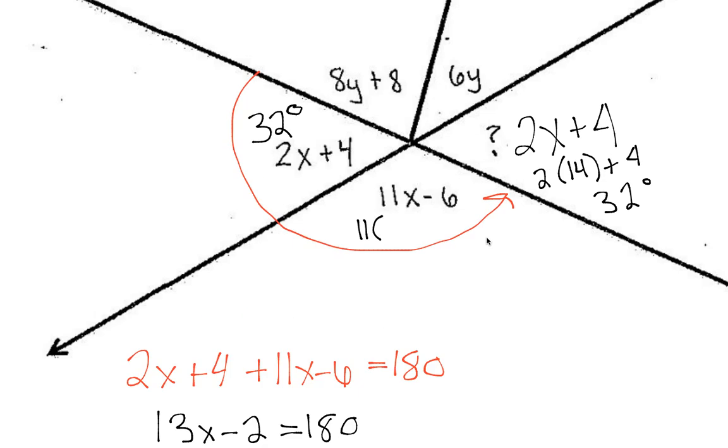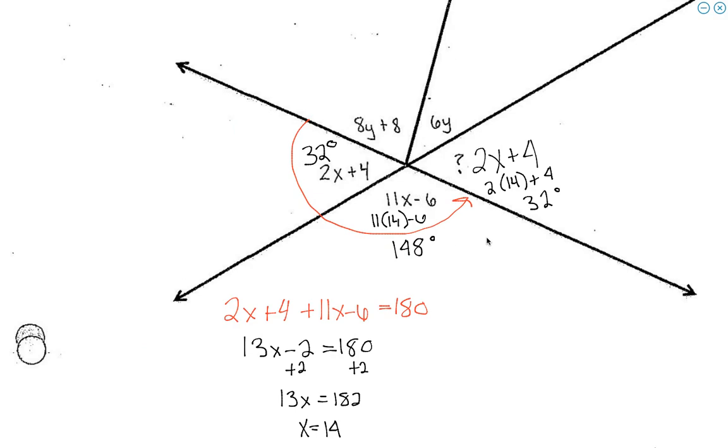This is 11 times 14 minus 6, which is 148. And now we can focus on the y variables.